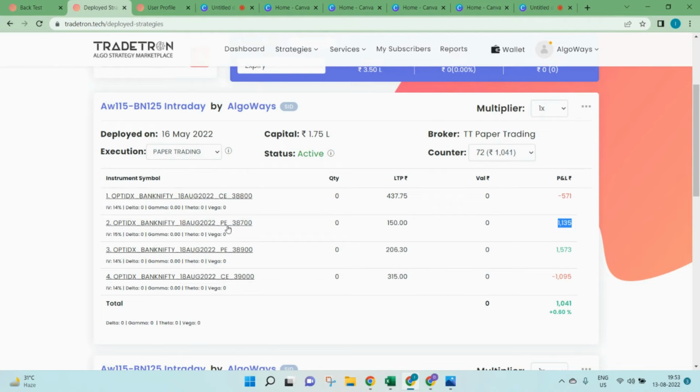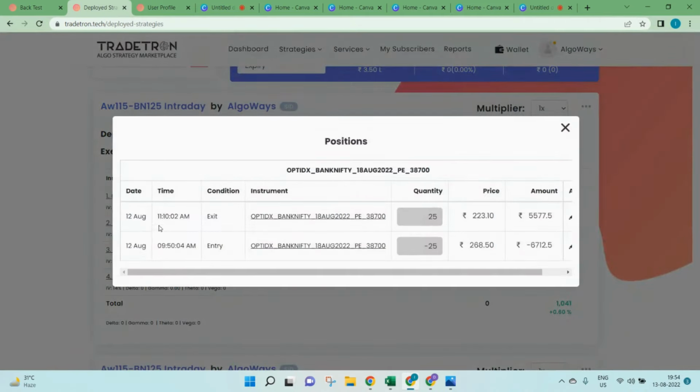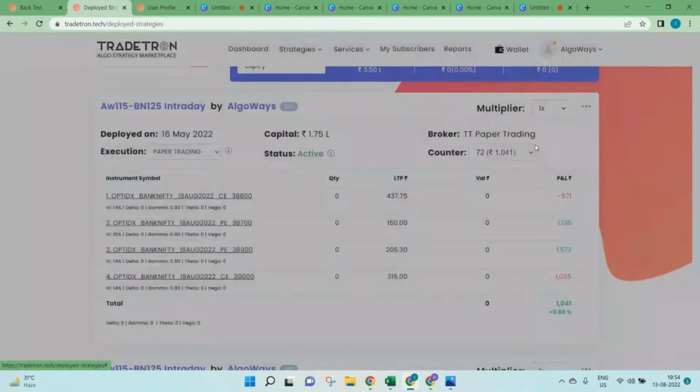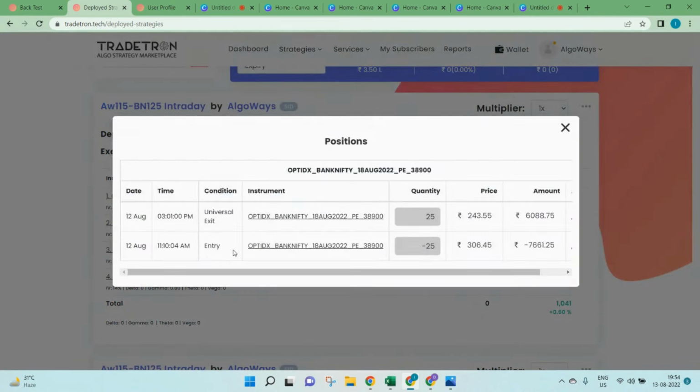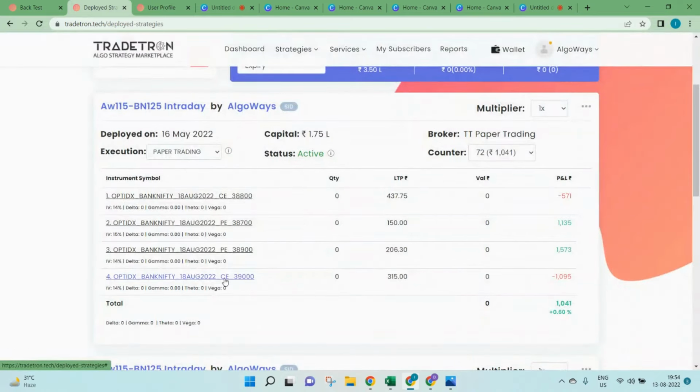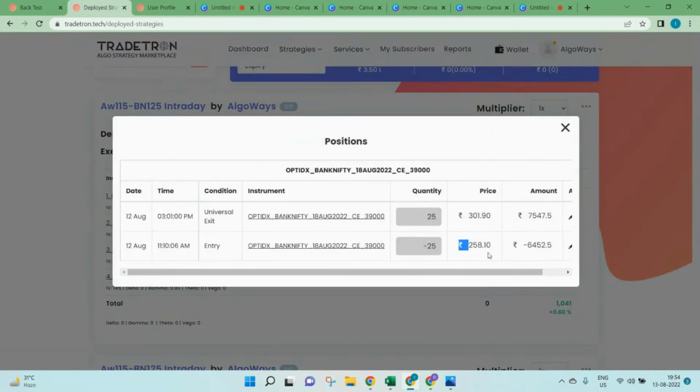Okay, and at this point of time, at 11:10, that reversal came on the chart. So at 11:10, we closed the original CE and PE positions, and we sold a PE with higher delta, which means a higher premium of 306, and we sold a call with a lower delta, with premium 258.